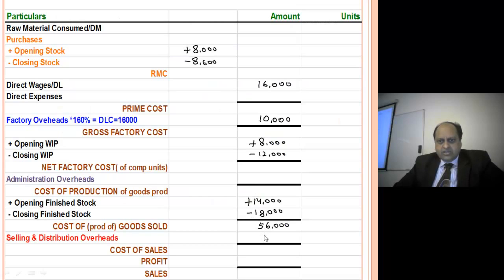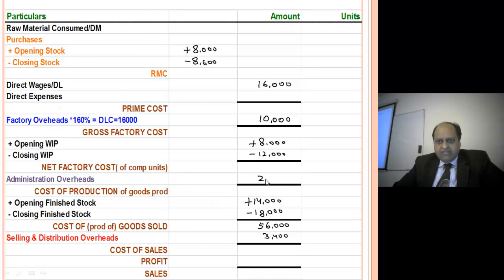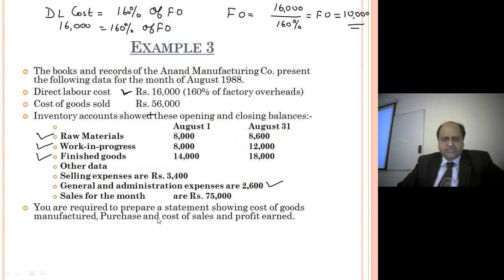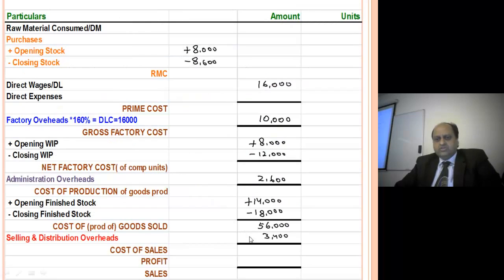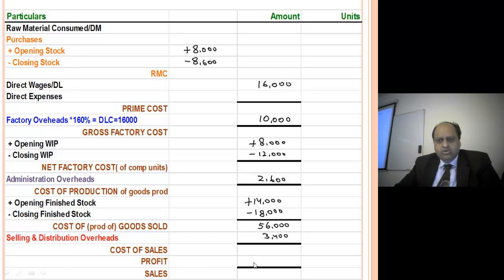So I will put 2,600 here. Got it? Now coming to the last figure, it says sales are 75,000. So 75,000 we are going to put one row below here. So all these figures were given in the question.